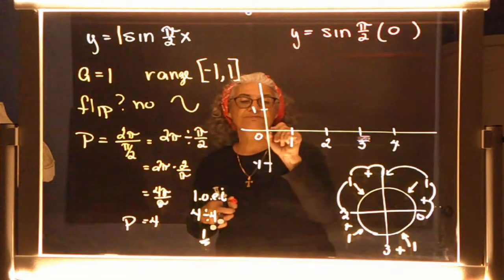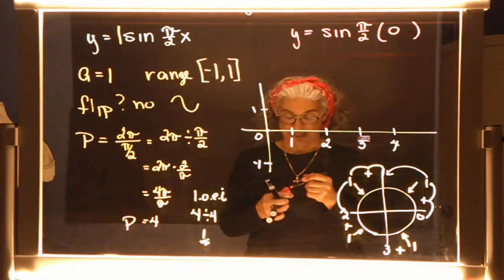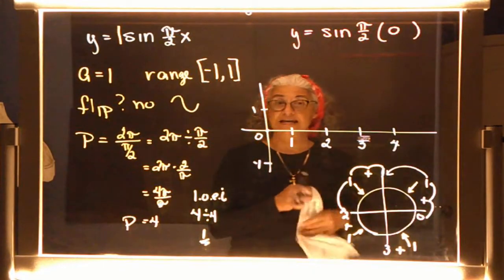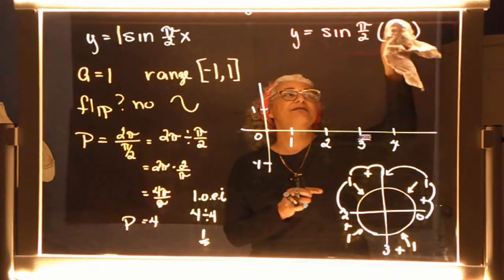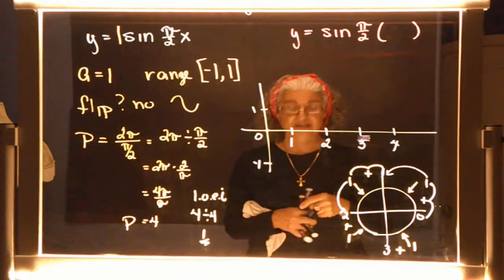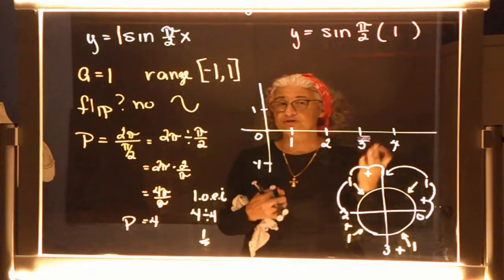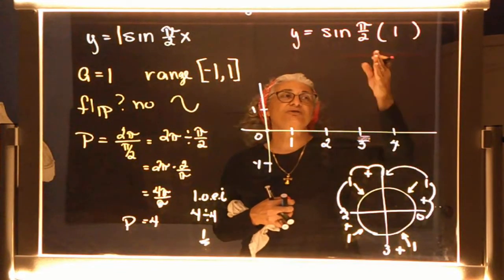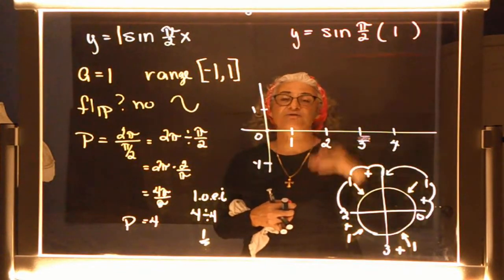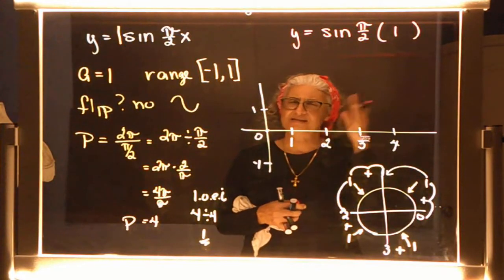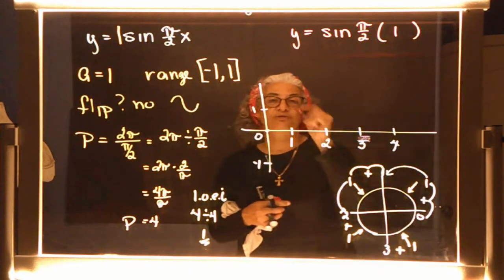Good, that's 0. And then the next angle we're plugging in is 1. So I have to do pi over 2 times 1, which is what? Pi over 2. No surprise, I'm back to pi over 2. So what's the sine of pi over 2? Good, 1.